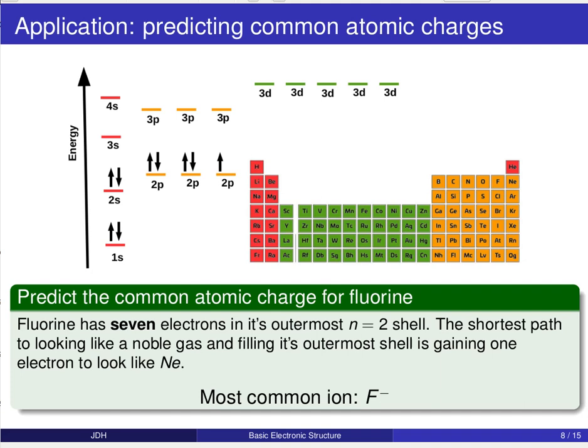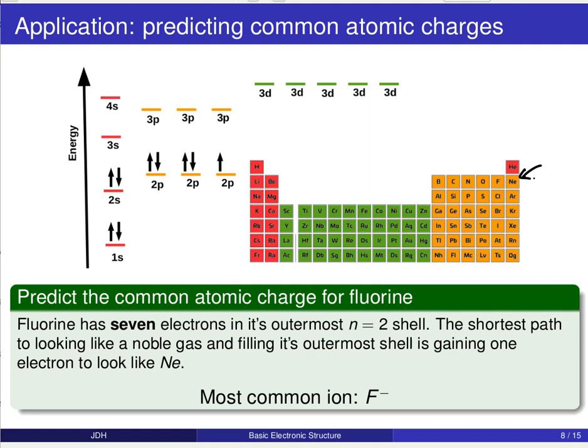Okay, so let's work out the example I mentioned before. Remember, if we take, for example, fluorine, which has 9 electrons, and we want to predict the most common charge that fluorine is going to obtain, we look at fluorine and ask what its closest noble gas is. As we said previously, that's going to be neon with 10 electrons.